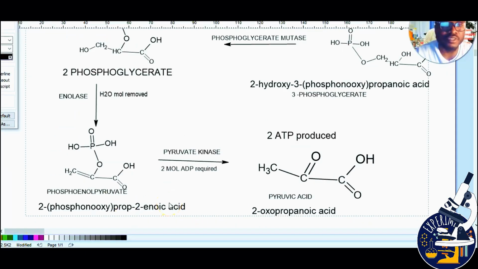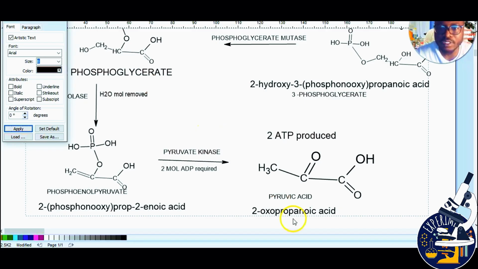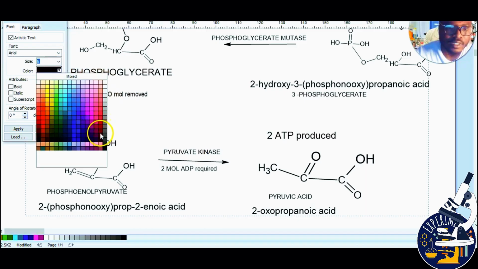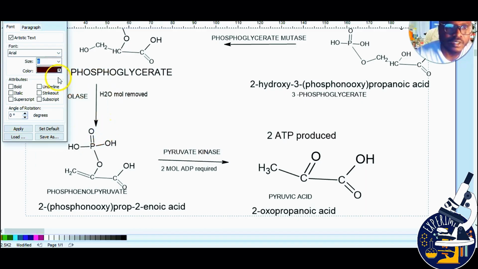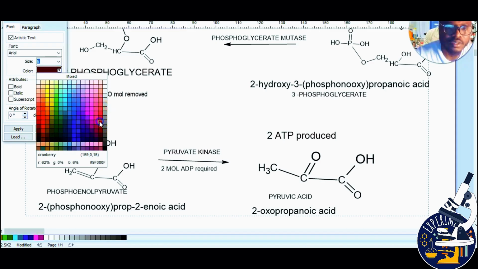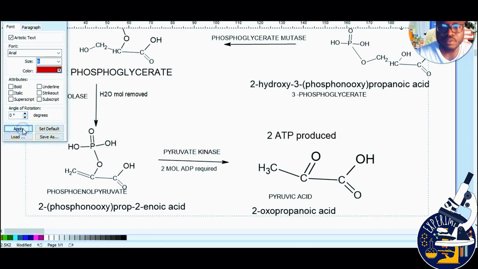Great work. So for now, what we can do is just to rearrange our structures and give them a good shape and color. So for instance, we'll give blue color to the names of the products and red color to enzymes. So I will just go on there and select the red color, and I think this should be a red color now. For instance, this, and we apply color and see if it will work.